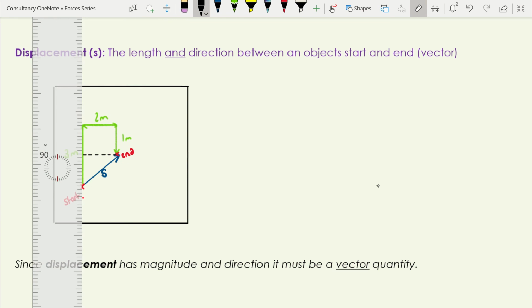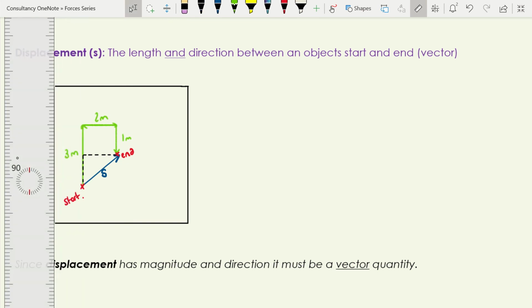Now, I've made a video on using trigonometry in physics, which you might want to check out if you're not quite sure what I'm doing here. But essentially I'm going to work out the length of these two sides, which make a right angle triangle. So you can see that is 2 meters across there. If that's 3 and that's 1, this must be 2 meters in there as well.